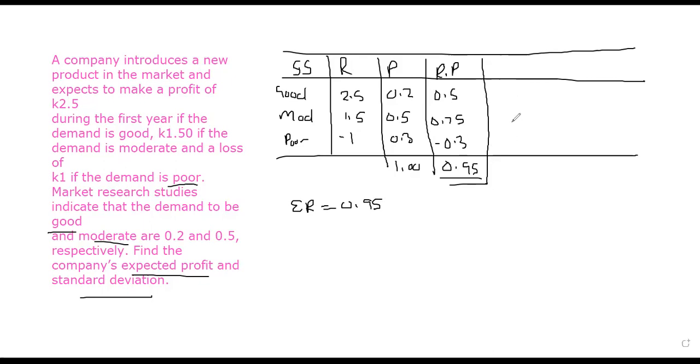So you find the variance and standard deviation of each of these returns and subtract the expected return.